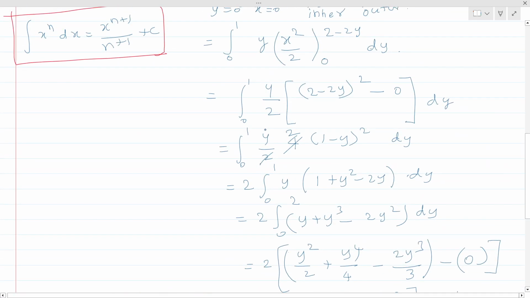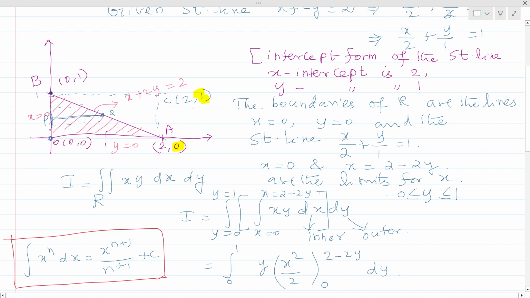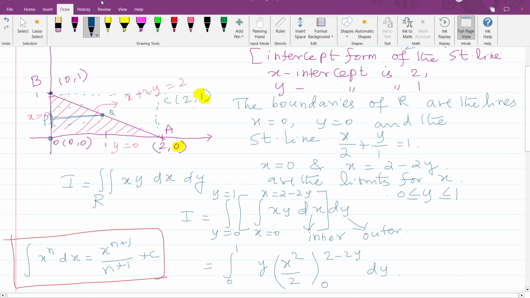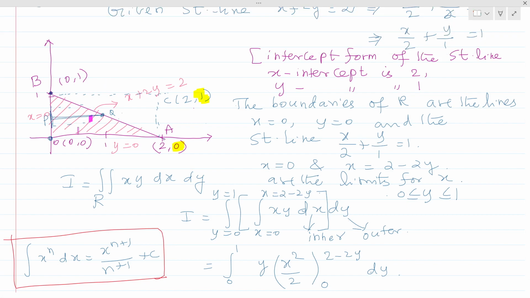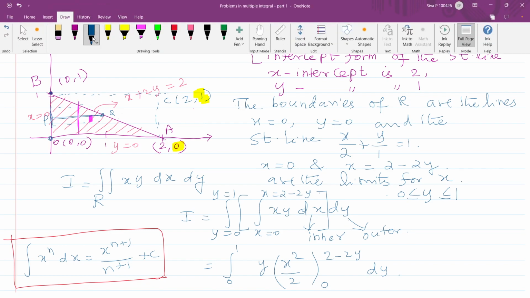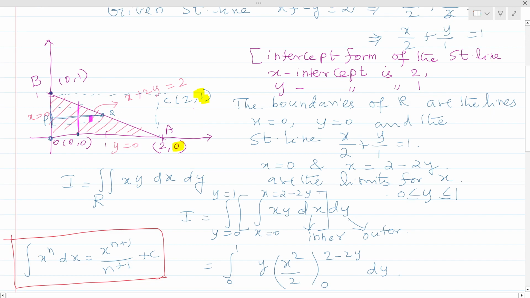So now, see the figure here. Now we can draw the parallel line to y. See this. It starts from y equal to 0 and ends with the straight line x plus 2y equal to 2.